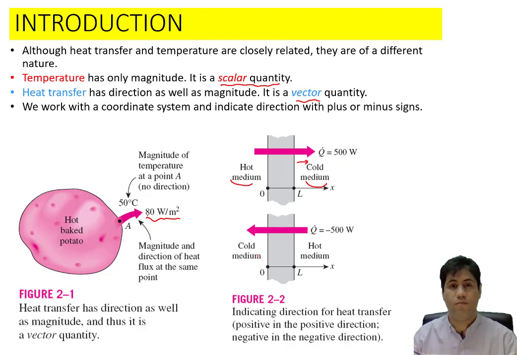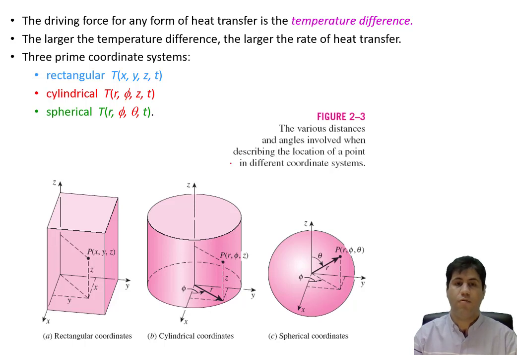So when we are dealing with heat transfer problems, we need to define or find the direction of the heat transfer as well. So first we need to decide on the coordinate system we are going to use to develop the appropriate equation for heat transfer by conduction.